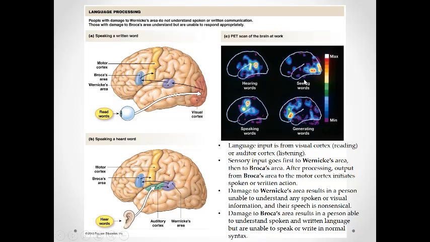Seeing or reading words involves your occipital lobe, so you have to see it and interpret it, and then it goes to the Wernicke's area. Speaking words is going to involve the Broca's area, as well as your motor cortex, because your motor cortex is going to control your breathing, how your lips are moving, and how the words are being produced. That's why the motor cortex is really lit up in this PET scan.